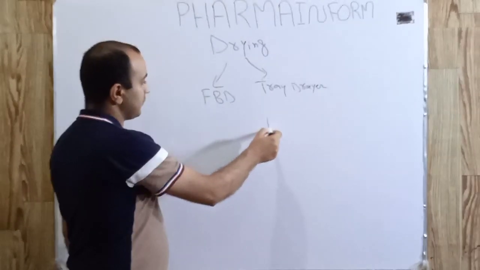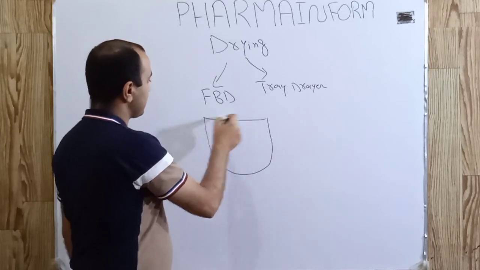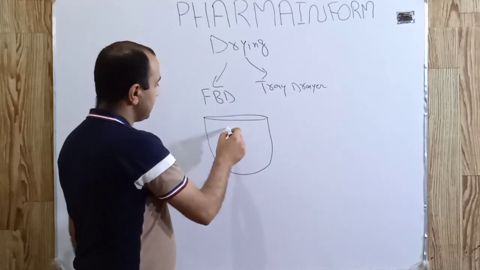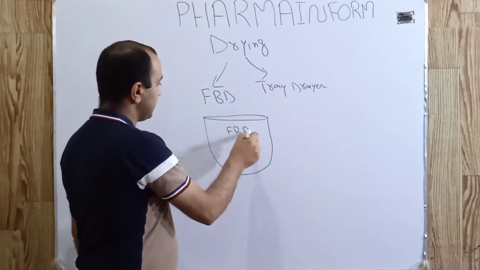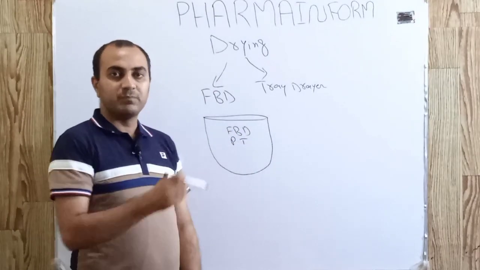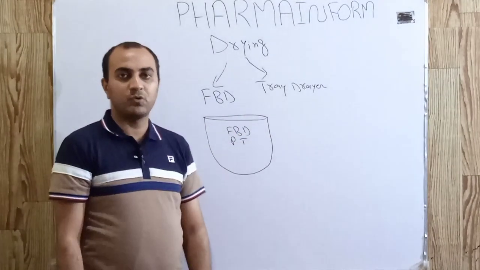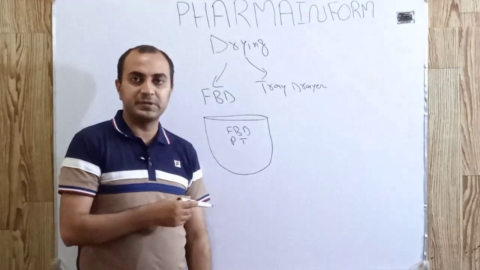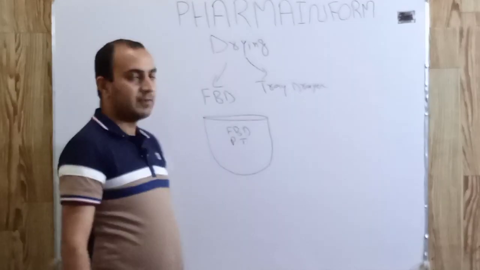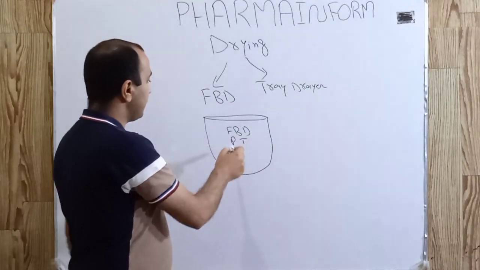As you know, fluidized bed dryer has a product trolley. Basically it is FBD product trolley or material trolley. Mean this is the chamber or bowl of the FBD in which we add our wet granules after wet sieving for drying purpose.